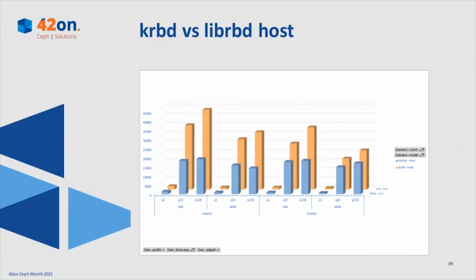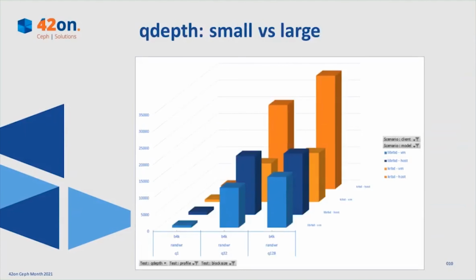So the krbd host is tested with libaio in FIO, and the librbd host is tested with librbd in FIO. Here we have a little bit more comparison between the queue depths.